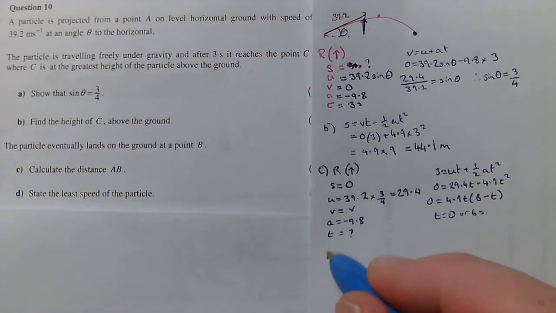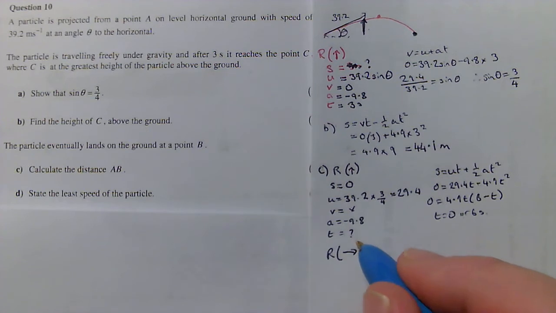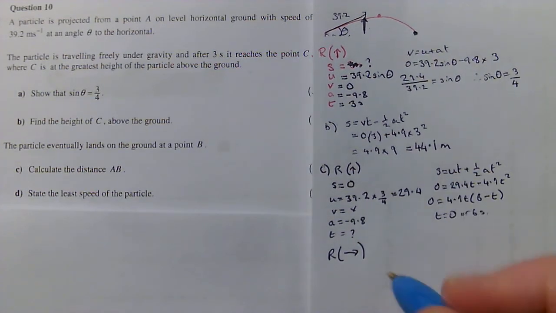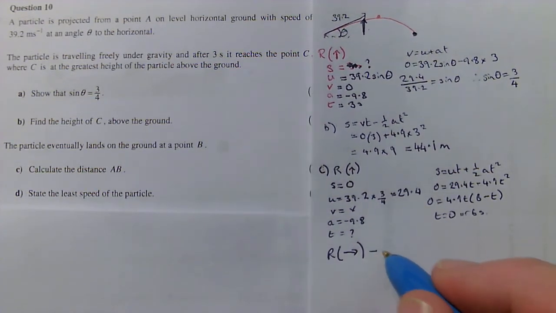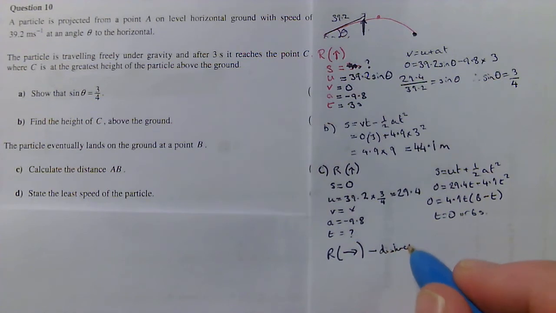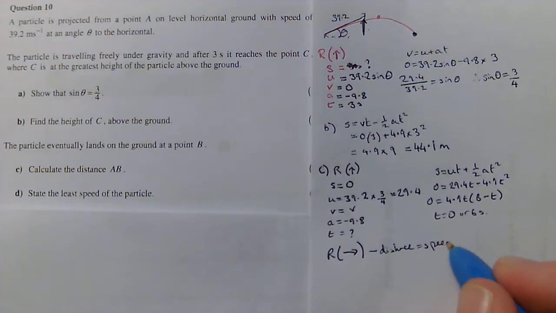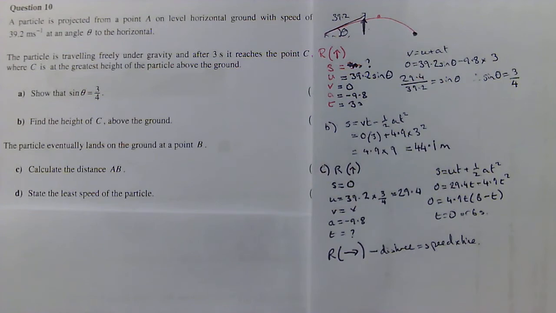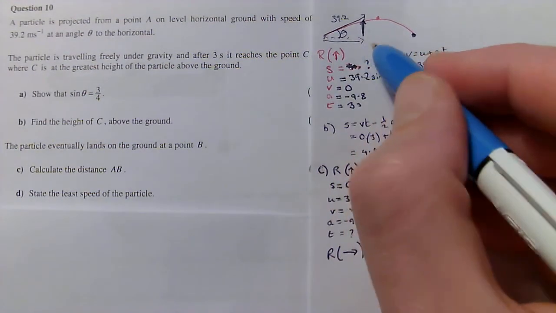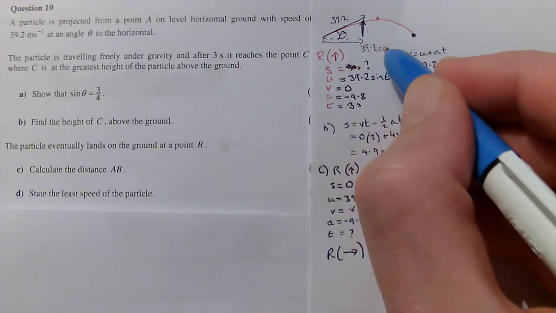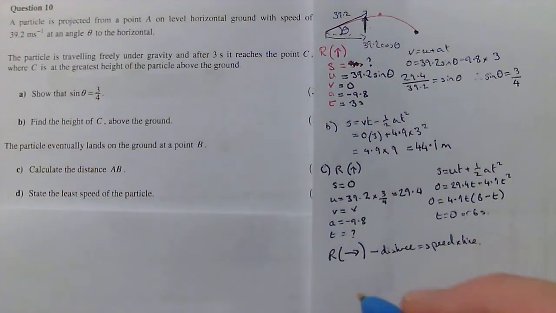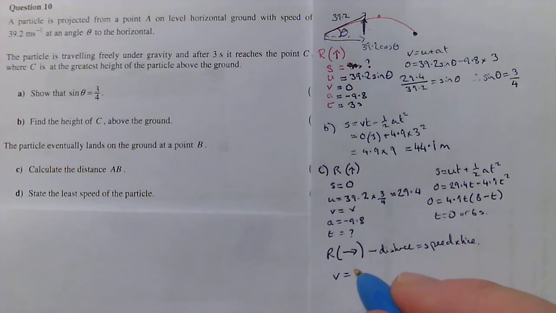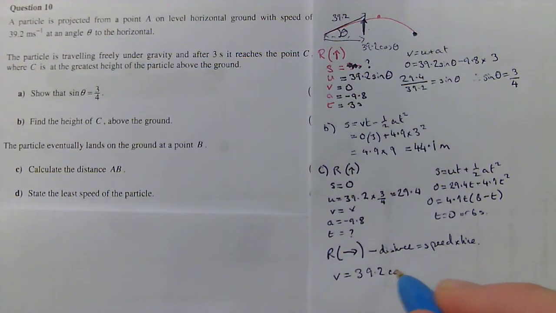We're now going to resolve it horizontally. Notice there's no acceleration horizontally, so I can use here simply distance equals speed times time. Now, the horizontal component of the velocity there is going to be 39.2 cos theta. So v equals 39.2 cos theta.